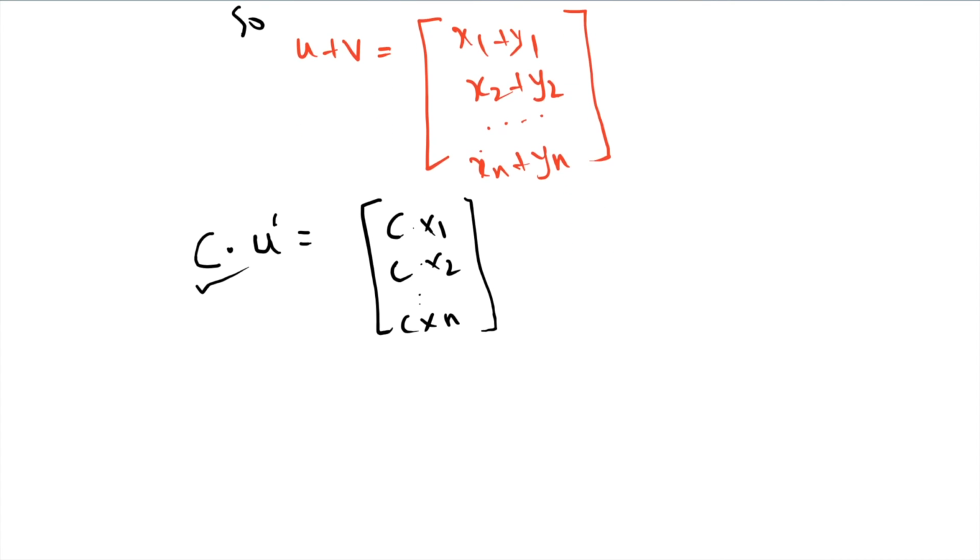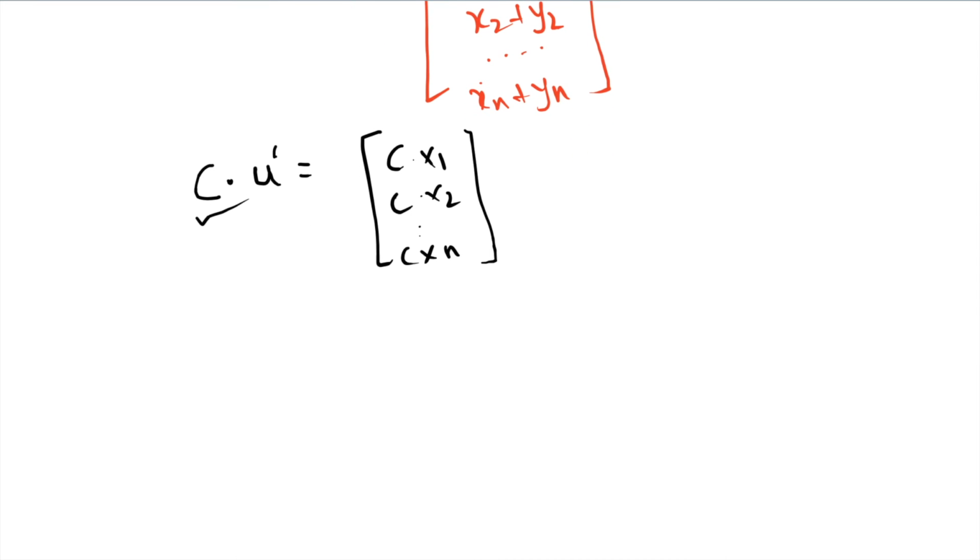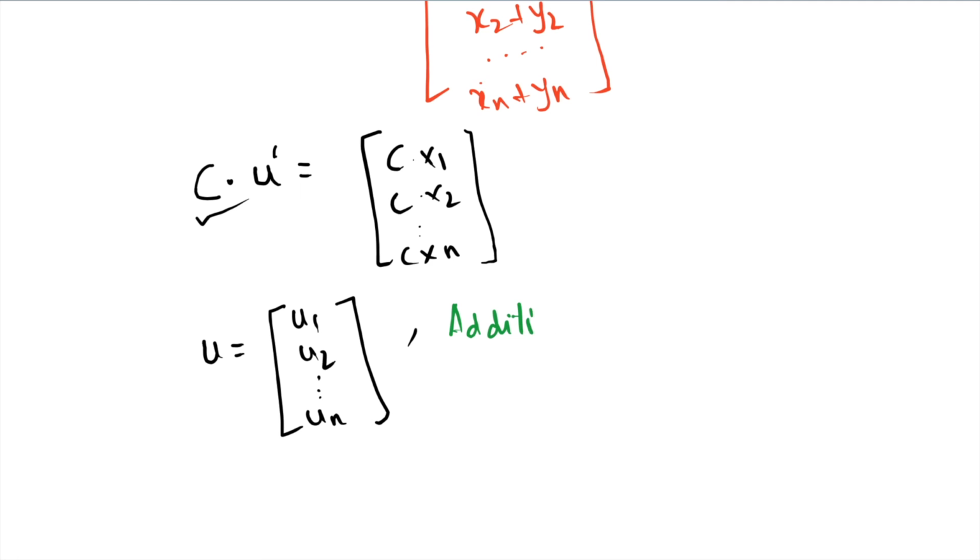The additive inverse of a vector u is the vector minus u. This is what we have seen. Let me define a vector u as u1, u2, dot dot dot un. The additive inverse of u will be minus u.